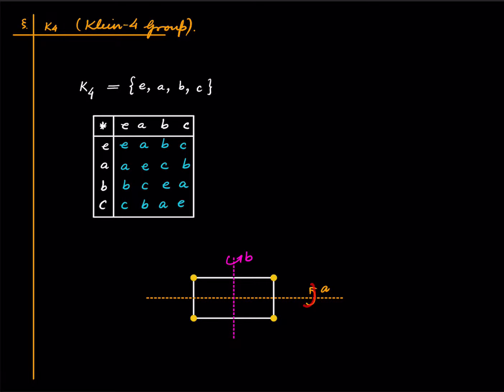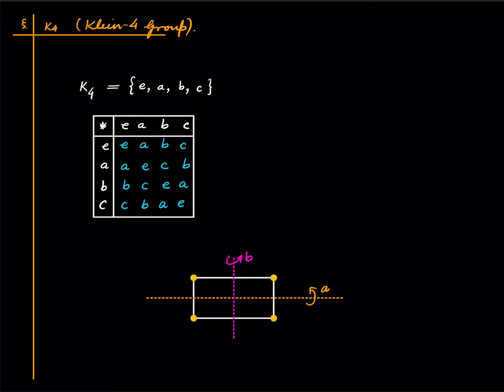If you apply A, then this vertex goes here, and then you apply B, this vertex goes here, which is the same as saying that this rectangle, at least as far as this vertex is concerned, is rotated by 180 degrees. But the same is happening with every other vertex. This vertex, once you apply A, comes here, and then you apply B, it comes here. So this vertex is also getting rotated 180 degrees, and you can see that with every other vertex.